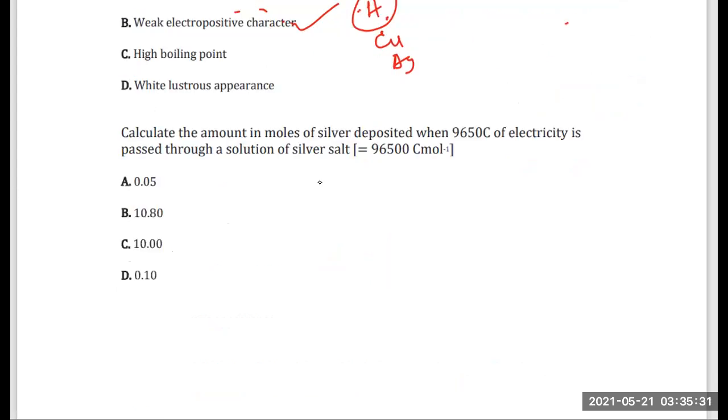Calculate the amount in moles of silver deposited. So this is like the question we just solved. We have to calculate the amount in moles of silver deposited. Okay, so what do we do here? With this stoichiometry, 96,500 coulombs will discharge 1 mole of an element, or say 1 mole of an electron.